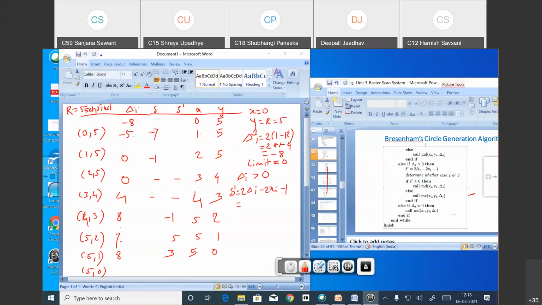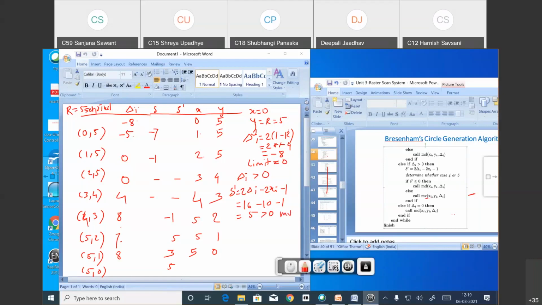What is it? 16 minus 10 minus 1. 16 minus 10, 6. 6 minus 1, 5. Correct. So now its value is 5. Whether it is greater than 0 or less than 0, it is greater than 0. If it is greater than 0, then call MV.